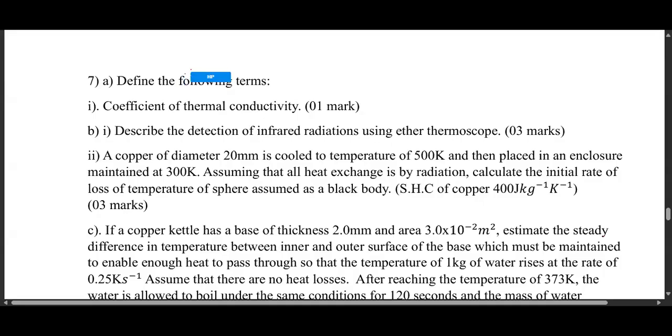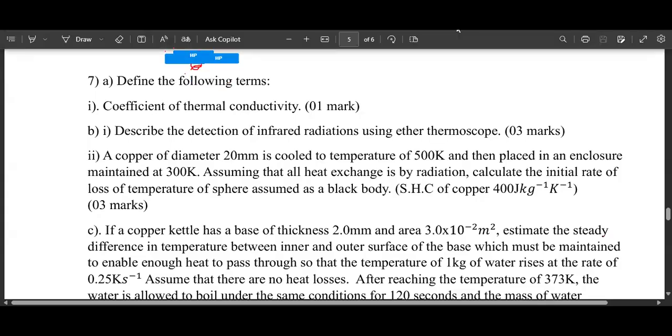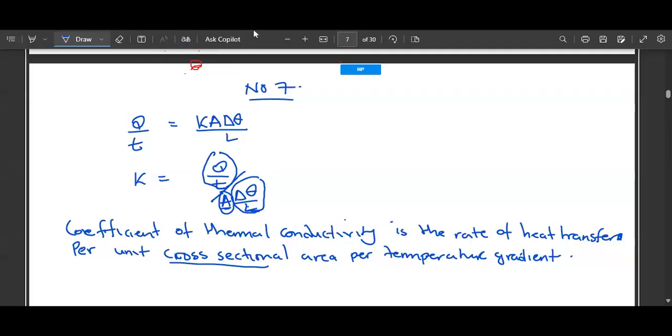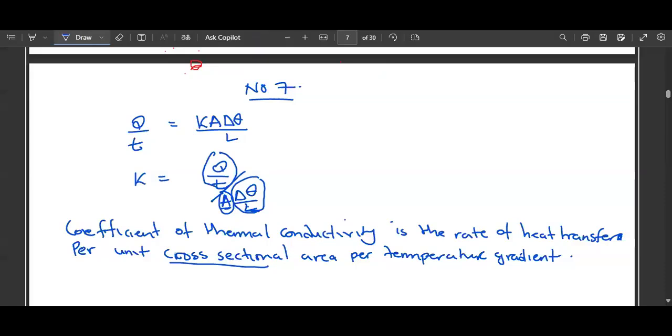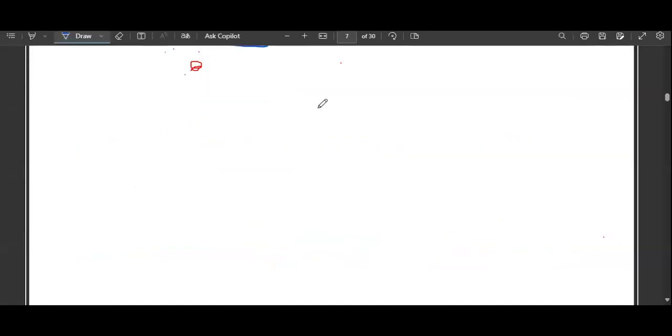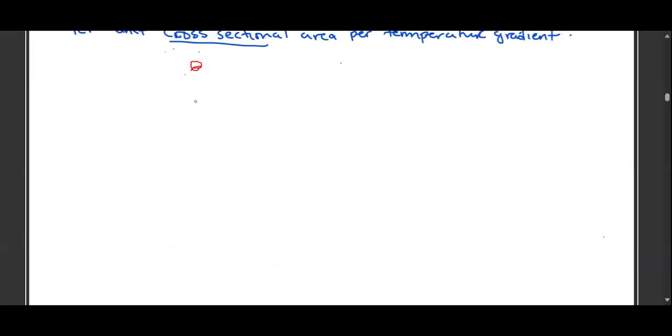Liquid ether. Liquid ether has the ability to expand after absorbing what? After absorbing the heat. Now, for this case, part B number 1 shall begin with a diagram.